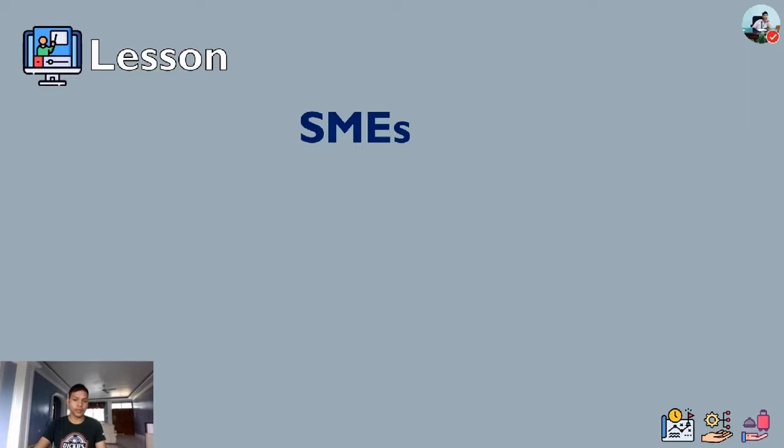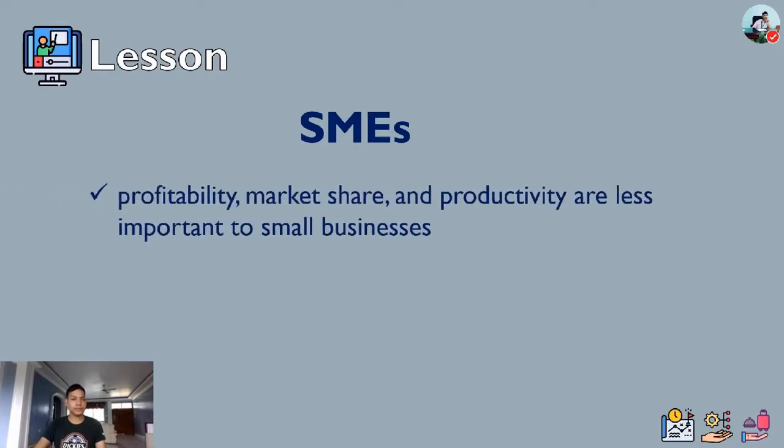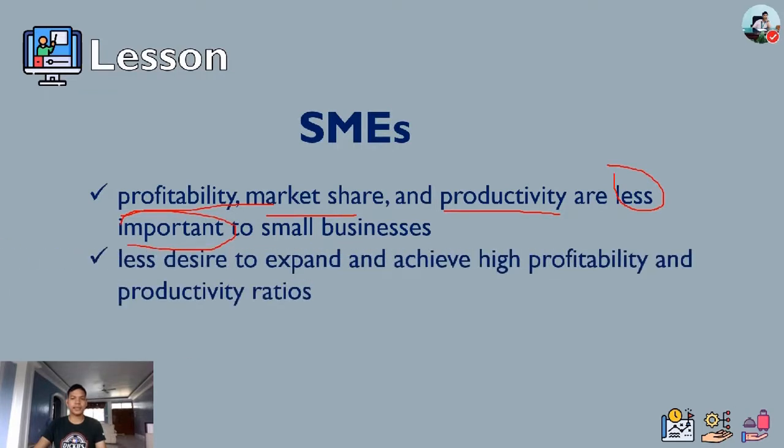According to Quinn and colleagues, 1992, profitability, market share, and productivity are less important to small businesses. In addition, they have less desire to expand and achieve high profitability and productivity ratios.